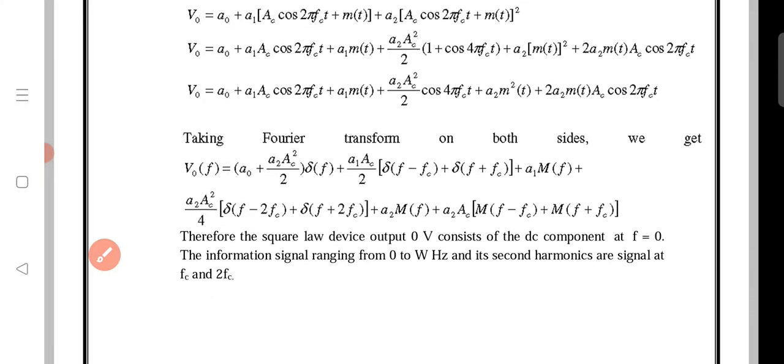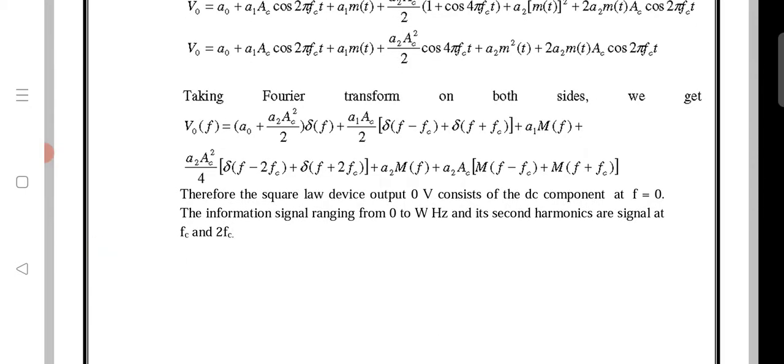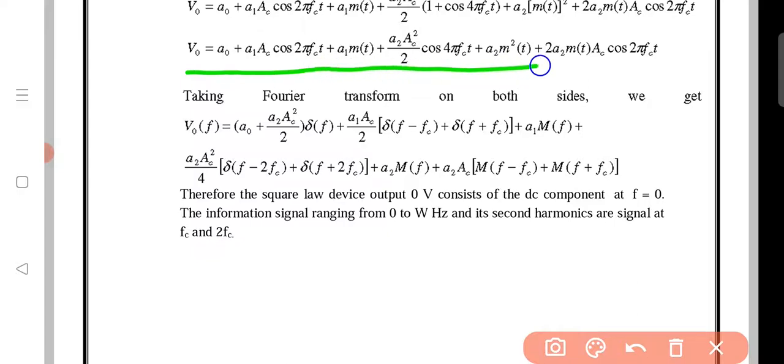Now this is the equation for the square law output of the nonlinear device, or square law equation.